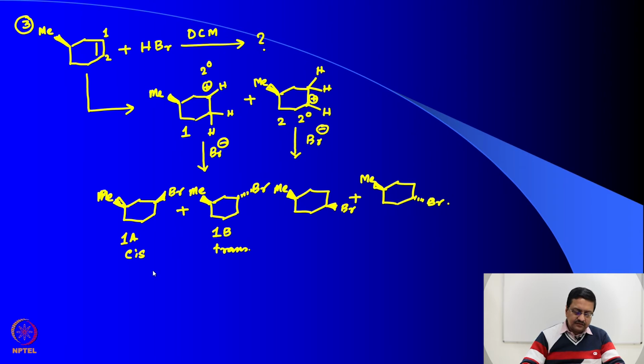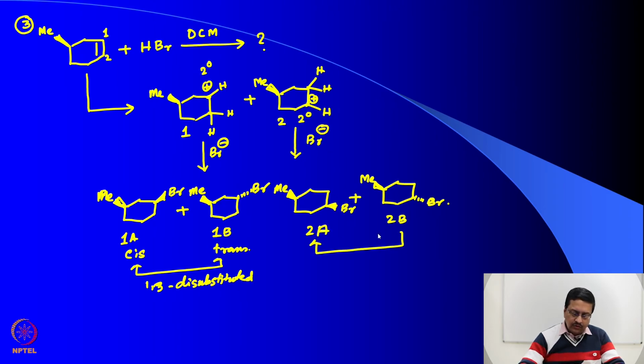So here these cis and trans isomers are 1,3-disubstituted, while this 2A and 2B are 1,4-disubstituted.